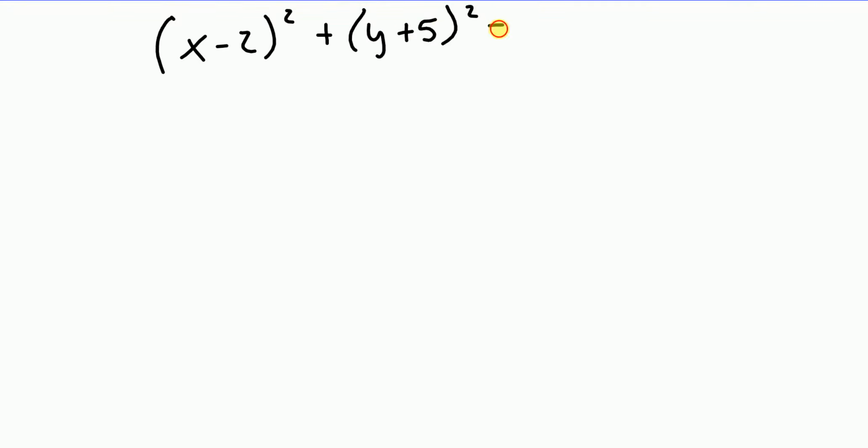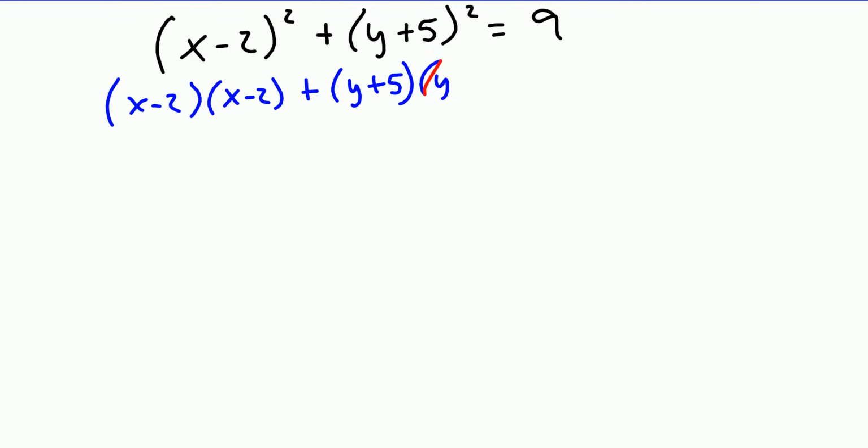Okay, so remember these squares, when you square a binomial, that means to write it twice and multiply. Alright, I don't know why my laptop is messing up, but ignore the red lines.